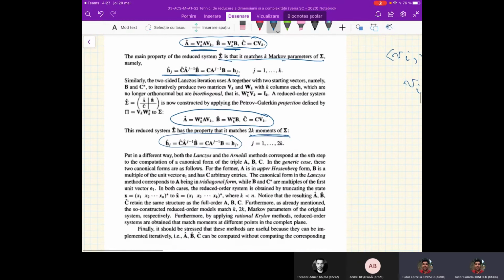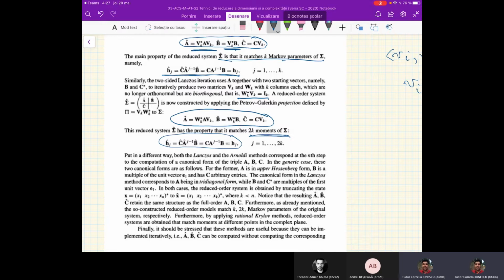Similarly, you can apply the two-sided Lanczos procedure with two starting vectors, namely you start from B and C star or C transpose, and you iteratively produce the matrices Vk and Wk with k columns each. They are not orthonormal, they are biorthonormal in the sense that W transpose V is the identity. You apply this Galerkin projection again, and you get another type of reduced order model based on the Lanczos iteration.